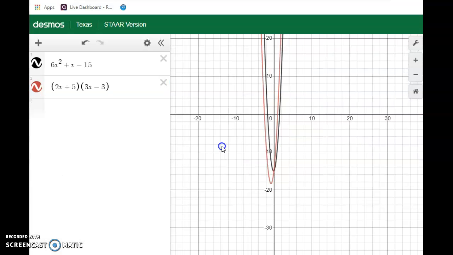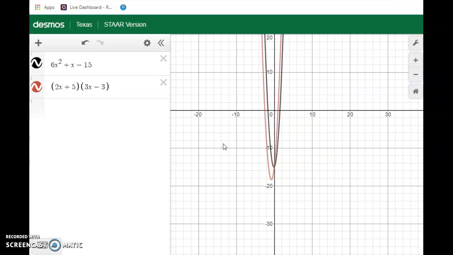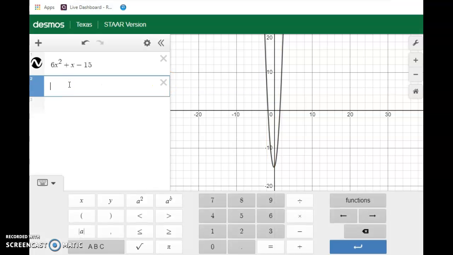Those two do not look alike. That's not the answer. So you keep typing them until you find the answer. The answer is D, right? So 2x minus 3 and 3x plus 5. And you can flip back and forth and you can see that they're the same.